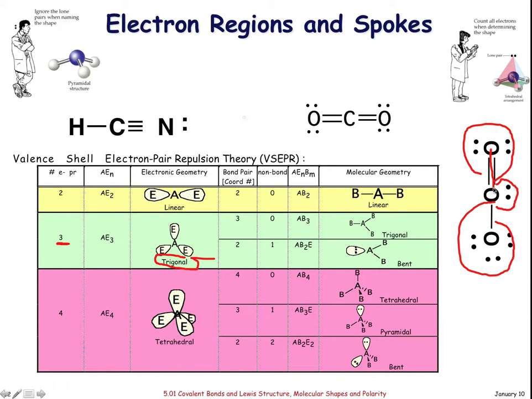At the end of each region, there are two bonded atoms and one lone pair. So the molecular geometry is bent, because when you look at this chemical right here, it's a bent structure. The ABE system would be AB2E. It's a bent structure.